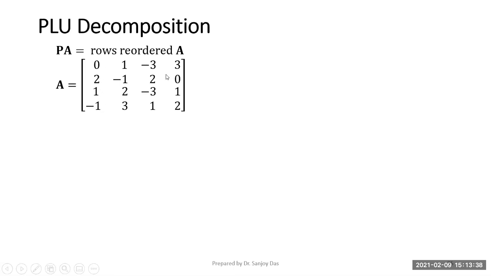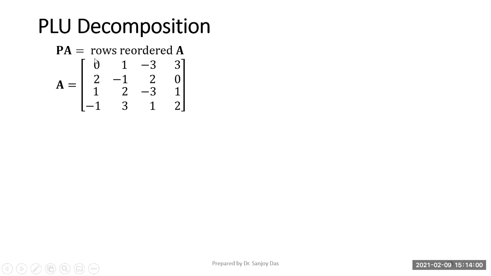So I must take row 2 and replace it with row 2 minus some factor times row 1. Row 3 should be equal to row 3 minus something times row 1, right? That's what I need to do.